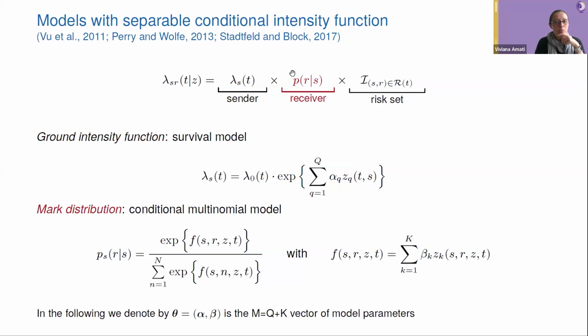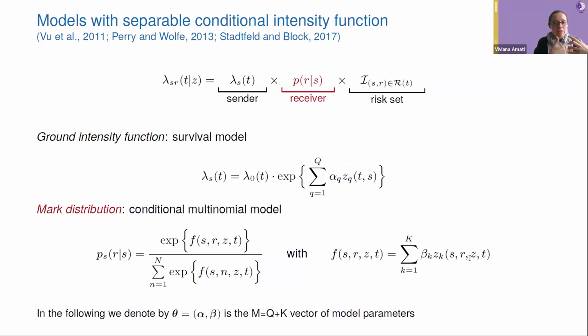Then there is a second component that is the receiver component that, given the fact that actor S is going to start an event, we model the probability that it is actor R that is going to receive that event. And this is modeled by a conditional multinomial regression model in which everything depends on this function f that again is a linear combination of parameters and statistics.